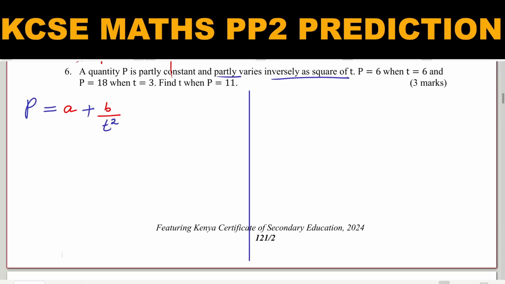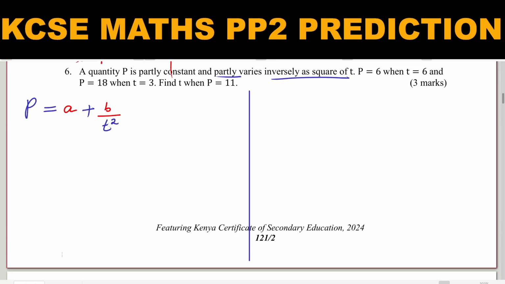So that is how you're supposed to write that equation. A quantity P is partly constant, that is A, and you add partly varies inversely as the square of t. So you put the constant of variation, that is B, then inversely, you know, that one is going to be down there, so divided by t squared. So A and B are referred to as the constants of variation.